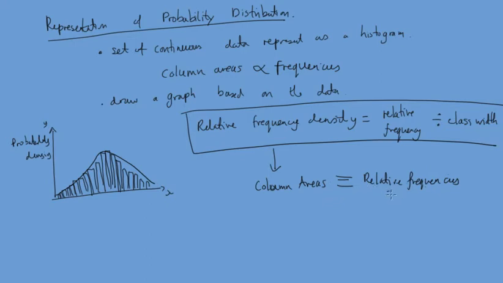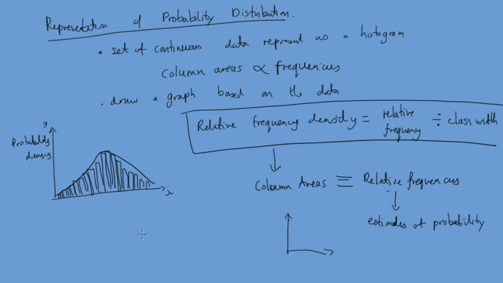And these relative frequencies are estimates of the probability. And so when that's the case, the vertical axis would be probability density, which we've got here.